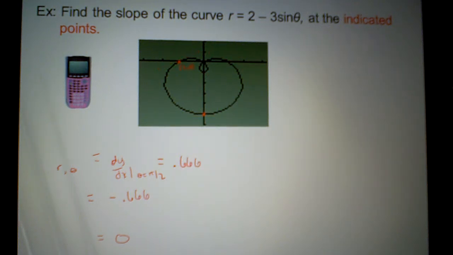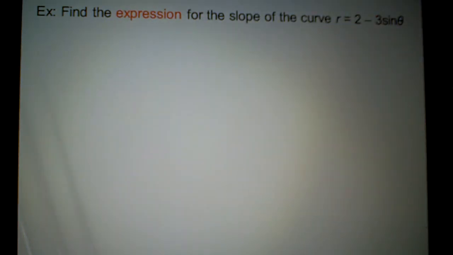But if they ask you for the derivative expression, let me go back to those directions. Find the expression for the slope of the curve. That says to me, use my formula for dy dx.